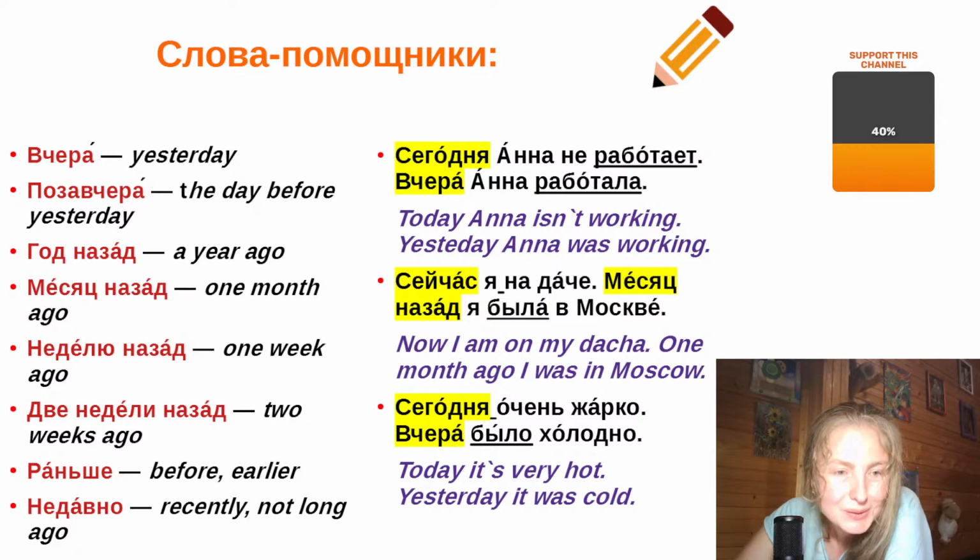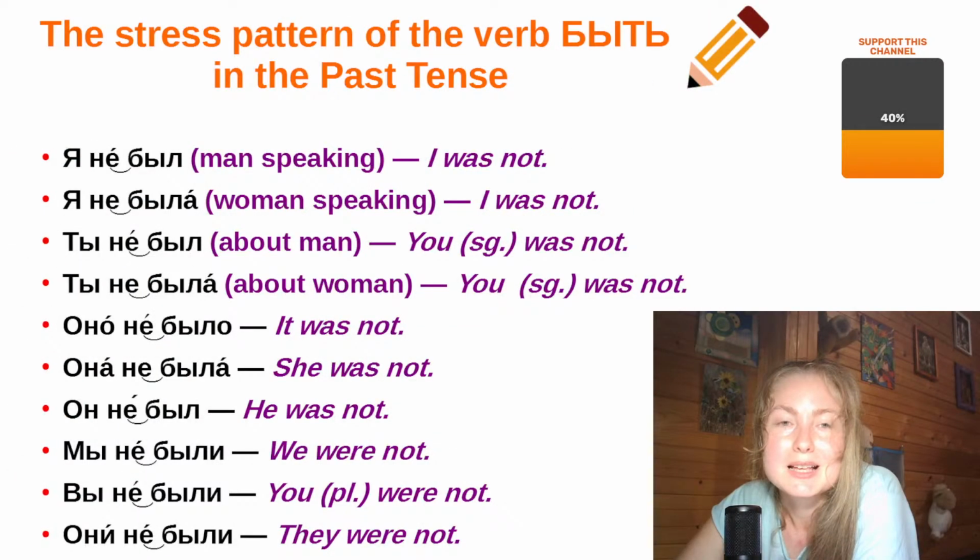Okay, and now I want to talk about the Russian verb to be, because it's really worth your attention. As I told you, we don't use this verb in the present tense, we use it only in the past and in the future.